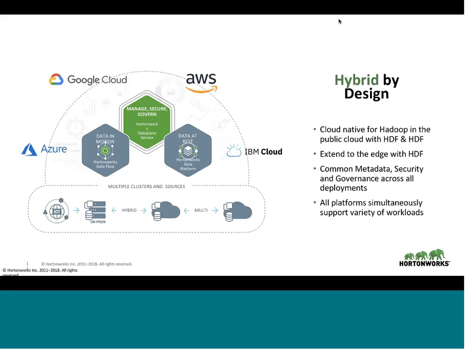We have native integrations with the different cloud providers to make sure that we can create that consistent data fabric. We have the ability to allow you to manage governance and your security with integration with our products like DataPlane and Atlas and Ranger from a project perspective, and how that brings together a consistent governance and security platform.